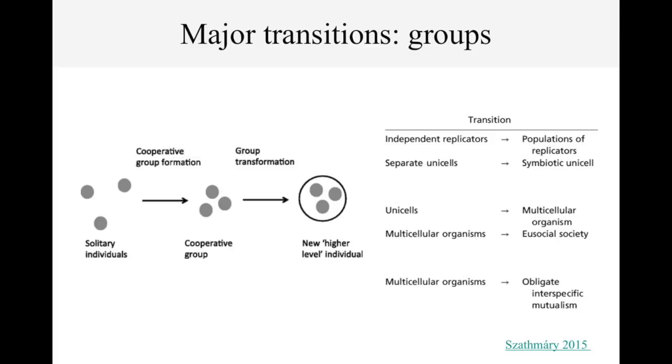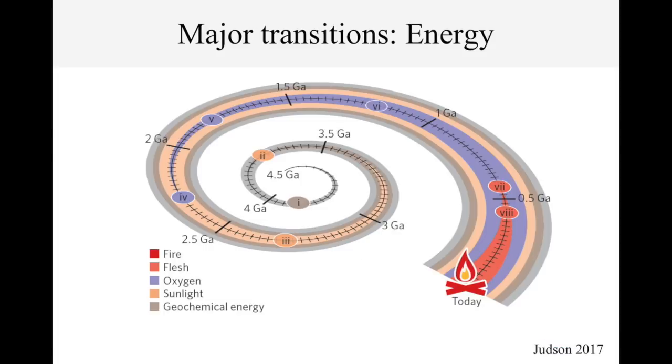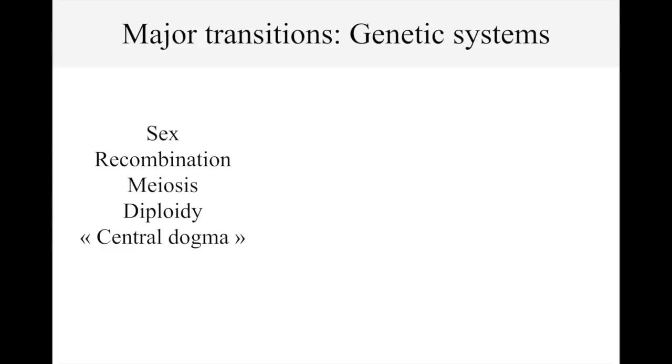The first type of transitions are about the becoming of groups, when you go from solitary individuals to new higher-level individuals through group formation, for instance, or you go from a unicell to a multicellular organism. That's not the type of change I will be talking about. The second type of big transition is about energy, how you switch to hugely different kinds of energy through the history of Earth. And the last type of transition is about genetic systems. That's the type of thing I'm working on.